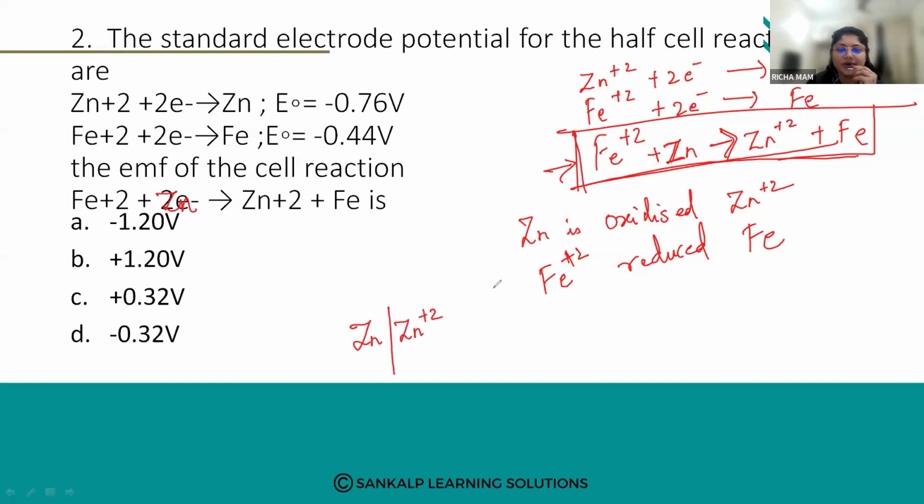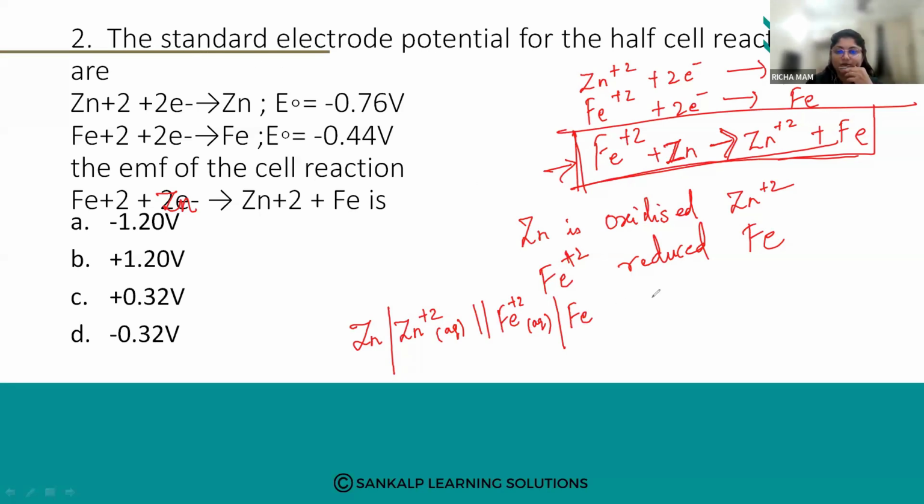I hope you know how to represent the cell. So zinc rod dipped in zinc sulfate solution, Zn2+ aqueous. Then the double lines represent the salt bridge. And then Fe2+ aqueous, dipped in Fe rod. This is the complete cell representation of this particular cell.